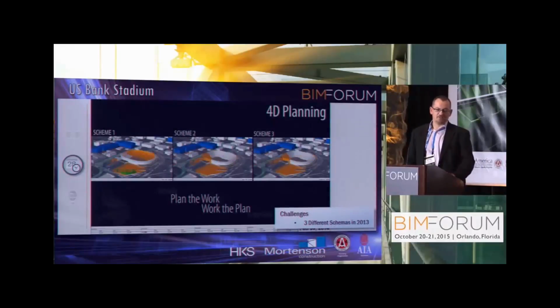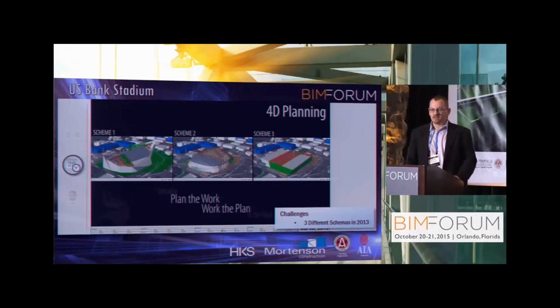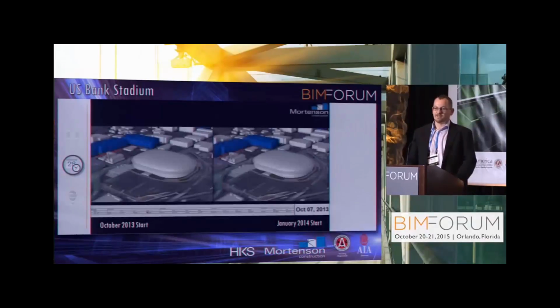So we had like 3 top different design schemes that our customer was considering, and in 2013 we didn't know which direction it would go. So through various planning exercises, they finally decided that the best idea is to go with scheme 1. But the deadline is looming over the project, so they were super eager to start the construction.